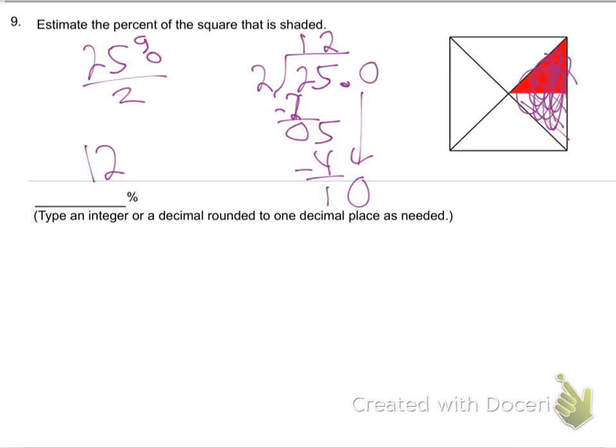So when you get down to 1, if you want to write a fraction, you go 1 over 2. But if you want to turn it into a decimal, remember you add the decimal with the 0 and bring down the 0 and keep going. Remember how to do that by hand to get a decimal? Then 2 goes into 10, and the decimal goes straight up, doesn't it? Remember, the line up matters, the place values. 2 goes into 10, 5 times. 12.5%. Yeah, that's a good way to do it.